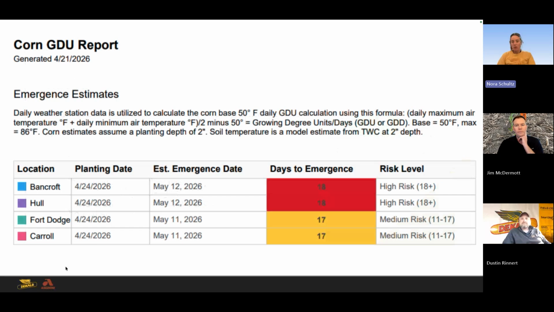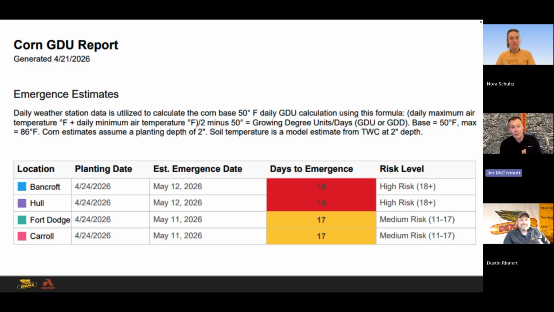Jim, do you want to discuss your ERF updates, or was it Dustin? Yeah, you bet. I've been paying close attention to the emergence risk forecast tool. This time of the year is really the time to focus in on it, and I've been getting a lot of questions, especially yesterday, mainly because of those days in the red.